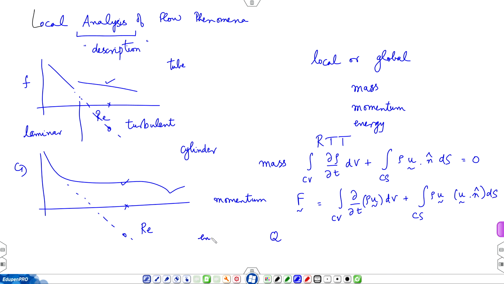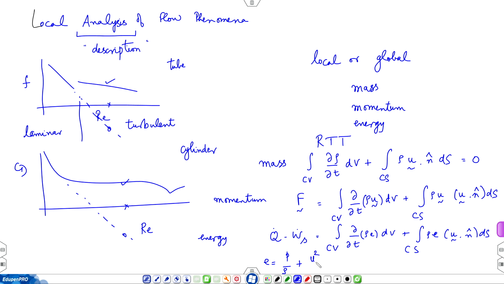And the energy equation, where energy is P over rho plus u square over 2 plus gz plus I being the internal energy.